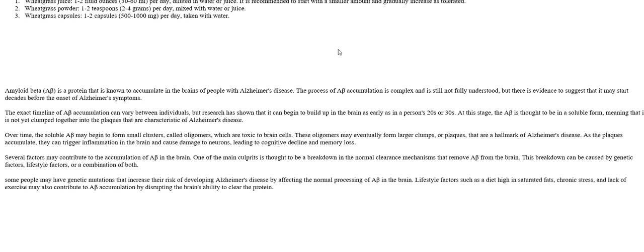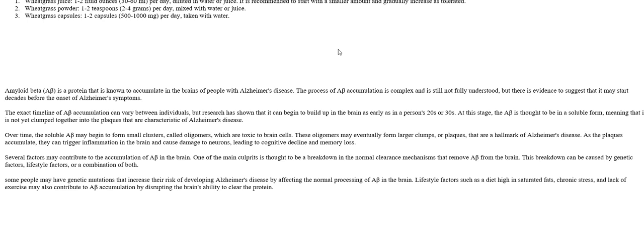Those oligomers might eventually form larger clumps or plaques that are a hallmark of Alzheimer's disease. As the plaques accumulate, they can trigger inflammation in the brain and cause damage to neurons, leading to cognitive decline and memory loss.